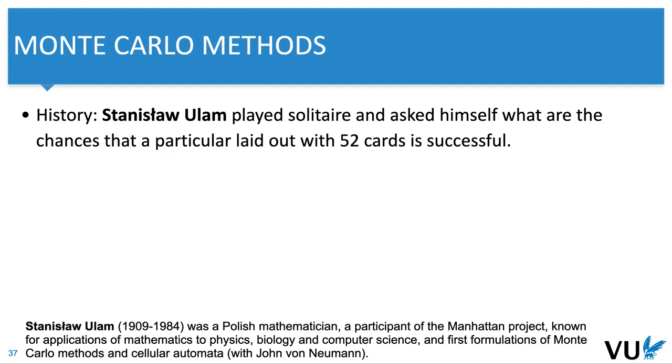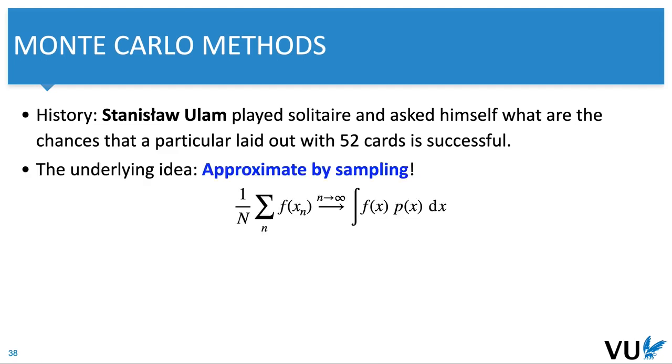And Stanisław Ulam thought actually about the same. We should, instead of incorporating extremely complex mathematical formulas, just simulate it and then average in the end. And the underlying idea is just to approximate by sampling.